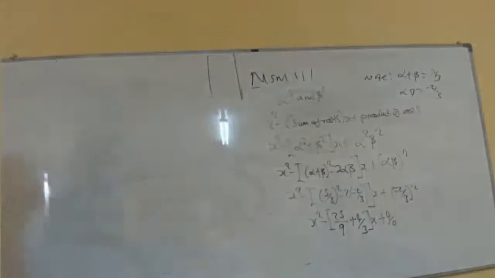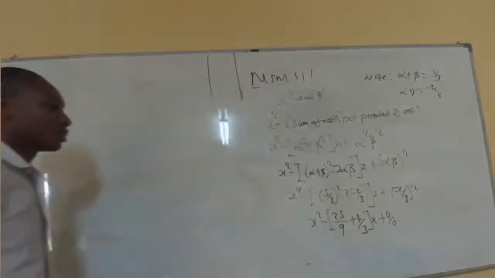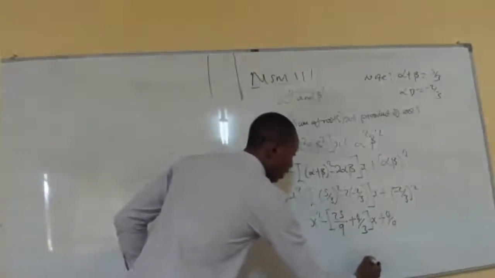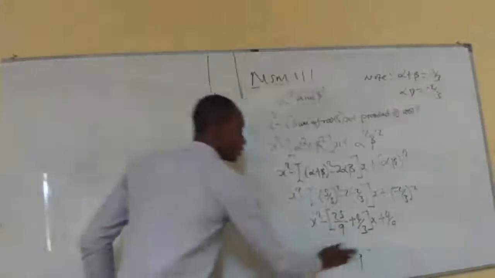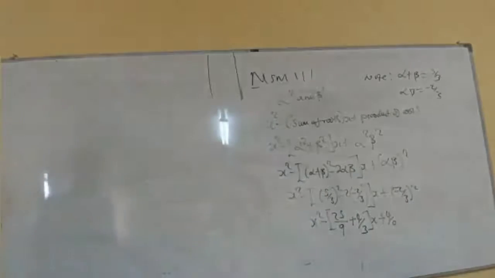Okay, common denominator there is 9, so now we have 9 here.